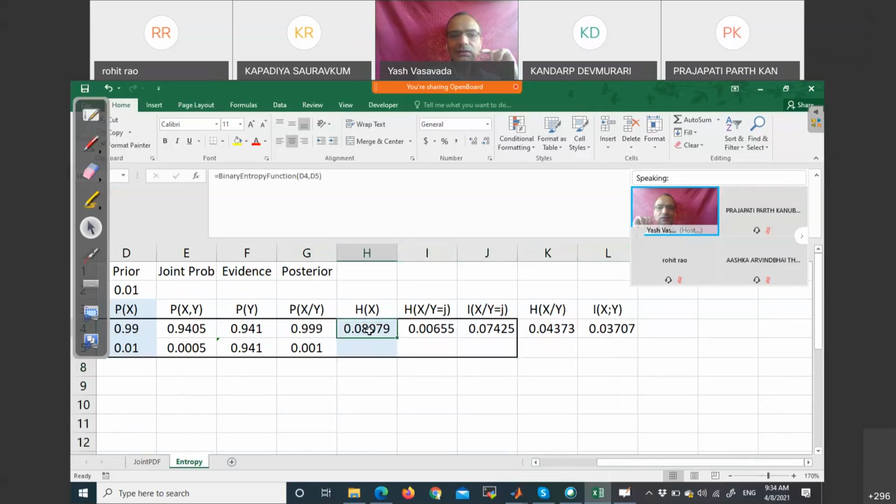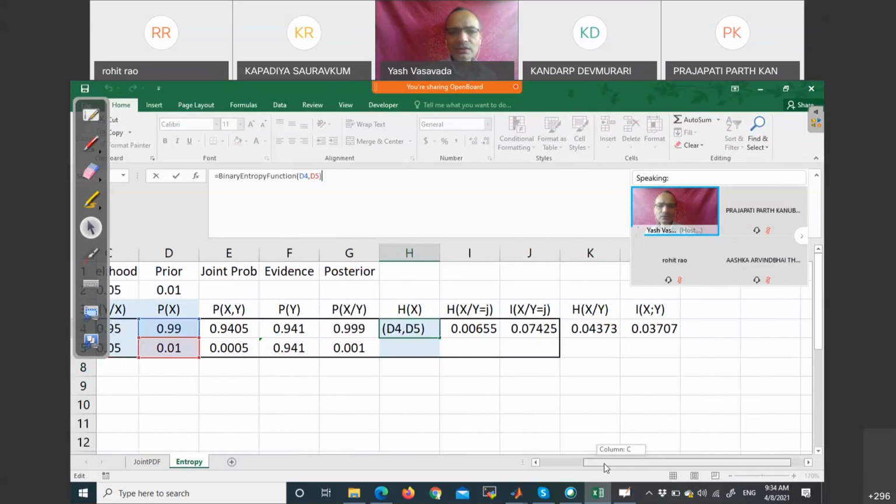This is the entropy of the source. Here I wrote a binary entropy function. It is doing just that: negative q times log base 2 of q, negative 1 minus q times log base 2 of 1 minus q. I wrote a Visual Basic macro for this.